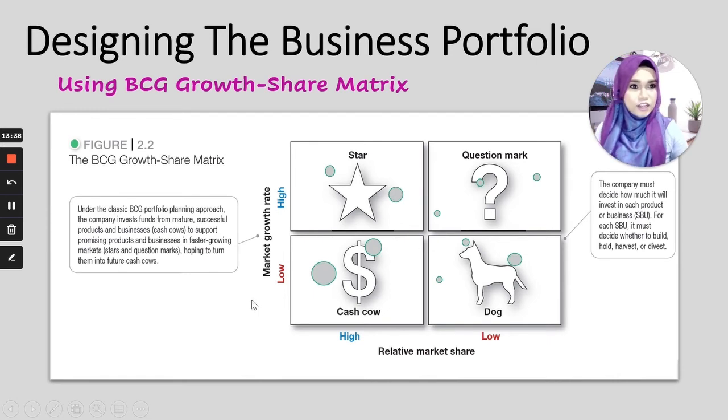The dog is when the SBU has a low relative market share and also low market growth rate.